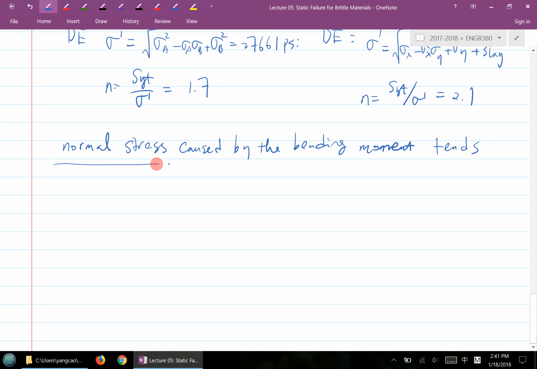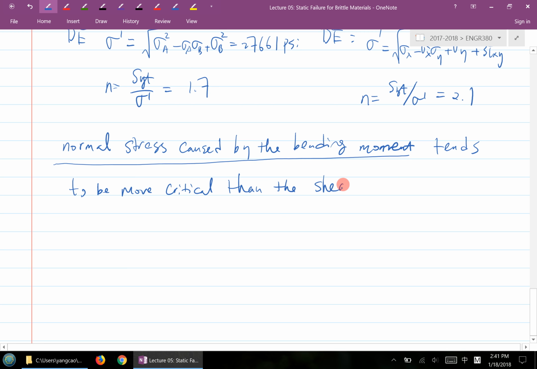This normal stress caused by the bending moment tends to be more critical than the shear stress caused by the shear force.